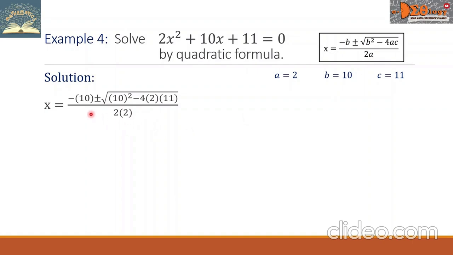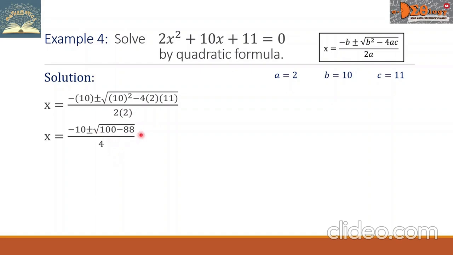We simplify further. This negative of 10 is simply negative 10 plus or minus the square root of 10 squared is 100 minus the product 4 times 2 times 11. That will be 88 all over 2 times 2 is 4.